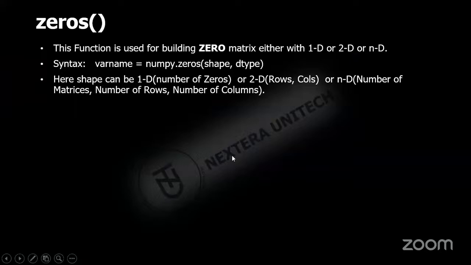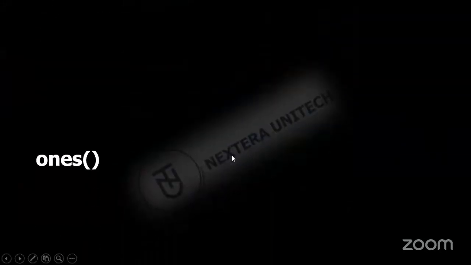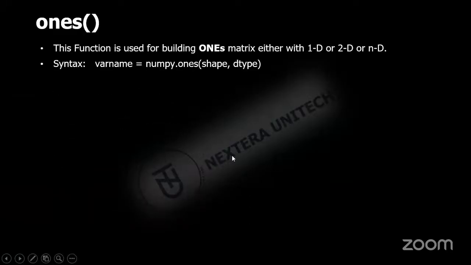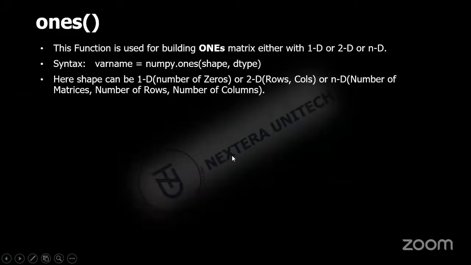If we are clear on zeros, ones is not a big task for us. It is similar to zeros function, but the only difference is that instead of zeros, it will return a ones matrix. In zeros function case, it returned a zeros matrix, but in case of ones function, it returns ones matrix.